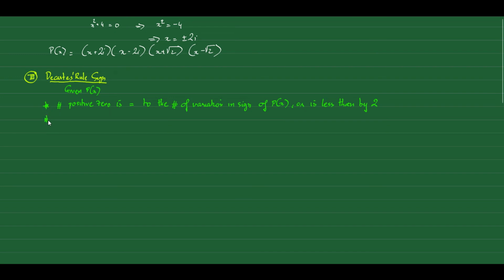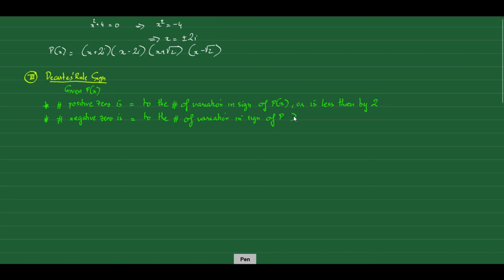Alright, how about the number of negative zeros? It is equal to the number of variations in sign inside of P of minus x.